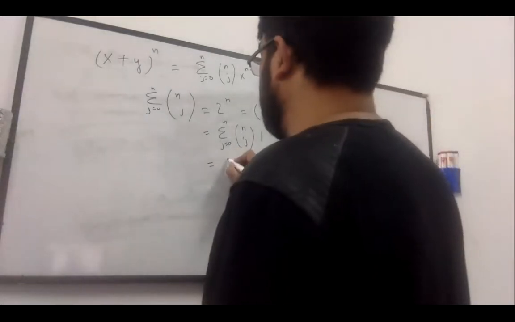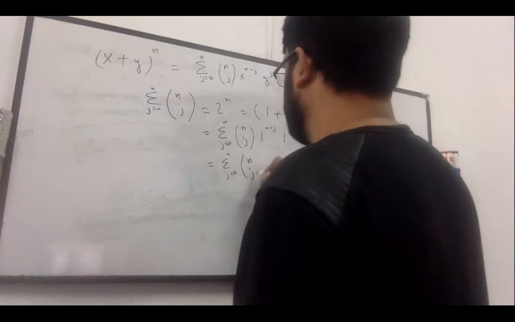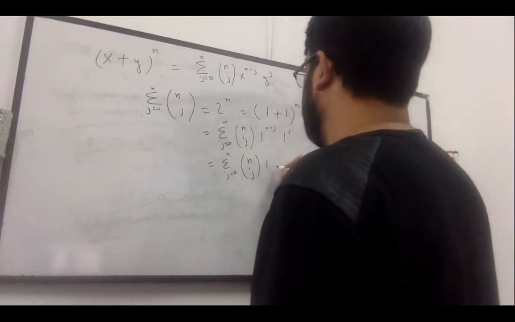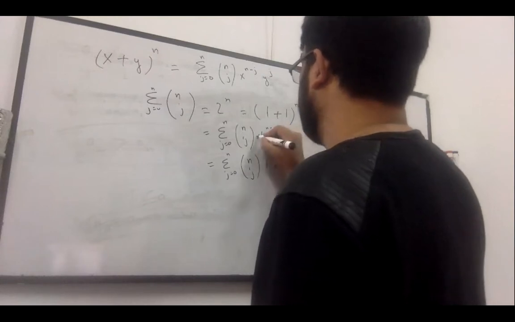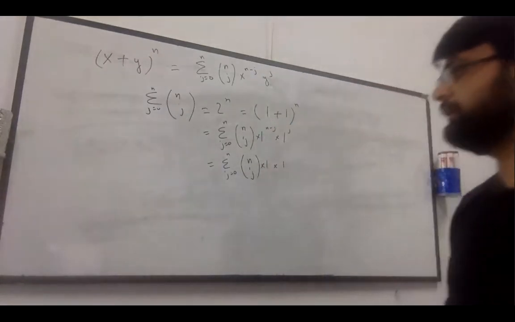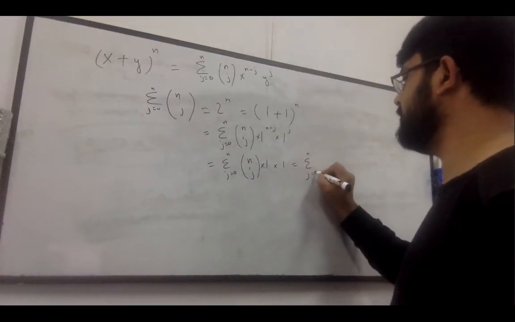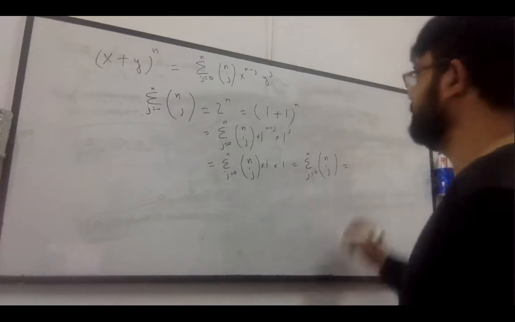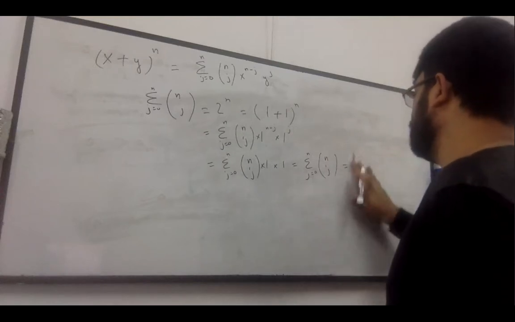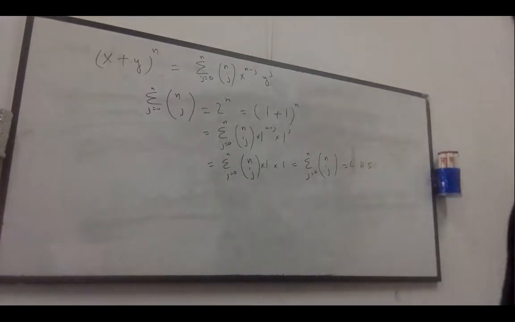So this is equal to summation j is equal to 0 to n of n choose j multiplied by 1 multiplied by 1. And this we know is equal to summation j is equal to 0 to n of n choose j, which is your left hand side. That's it.